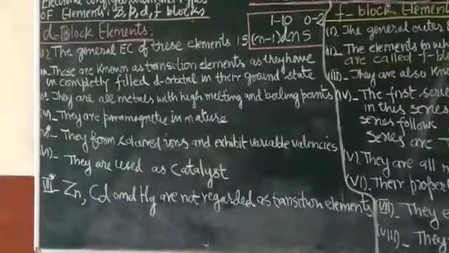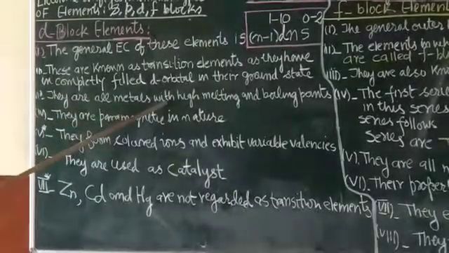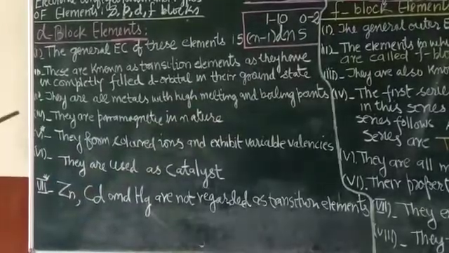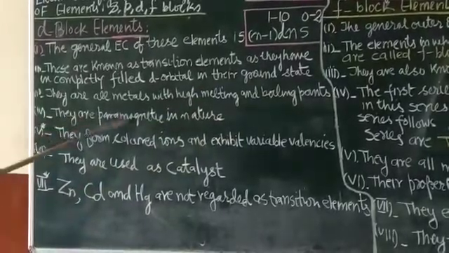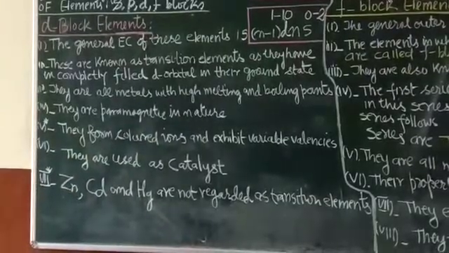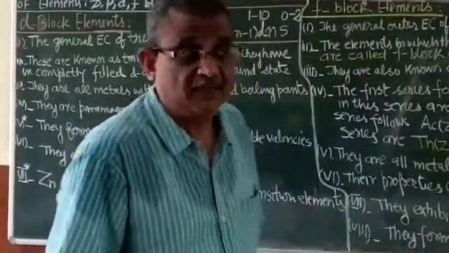Property number 3, they are all metals with very high melting and boiling points. Number 4, they are paramagnetic in nature. I hope you understand what is paramagnetism and what is diamagnetism.